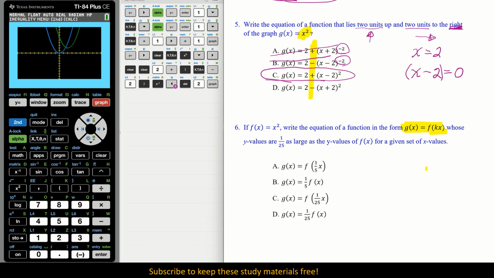That's like blah, blah, blah, confusing. Let's just stick to the facts and we'll get there. Okay. First off, they asked for this form. Don't deviate from that form.